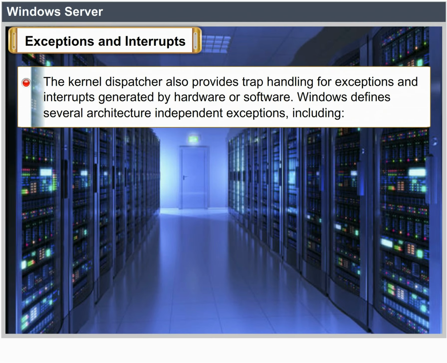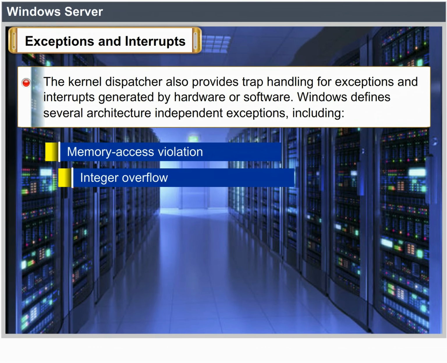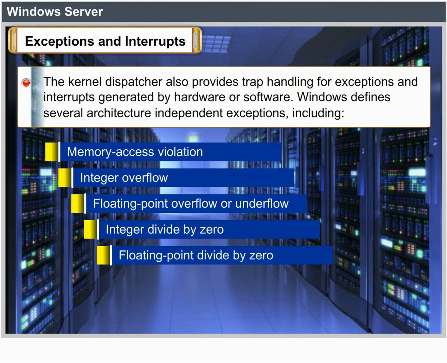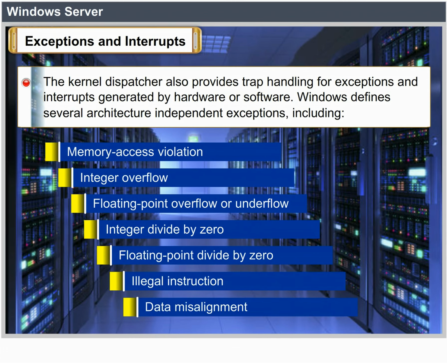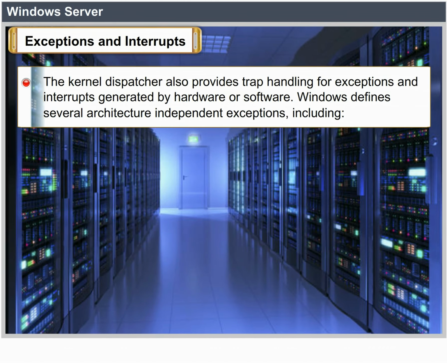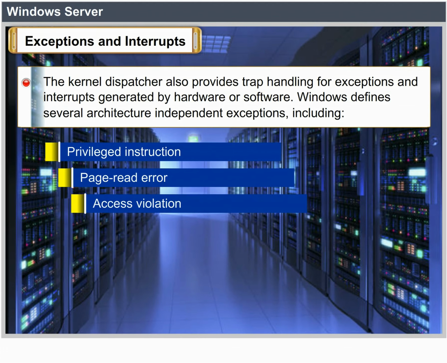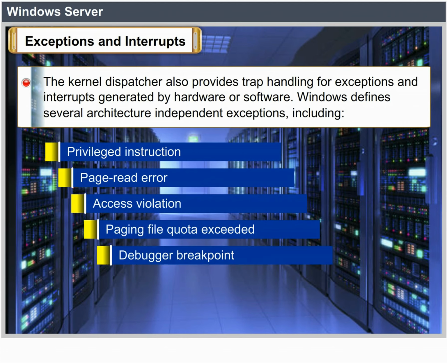Windows defines several architecture-independent exceptions, including memory access violation, integer overflow, floating point overflow or underflow, integer divide by zero, floating point divide by zero, illegal instruction, data misalignment, privileged instruction, page read error, access violation, paging file quota exceeded, debugger breakpoint, debugger single step.